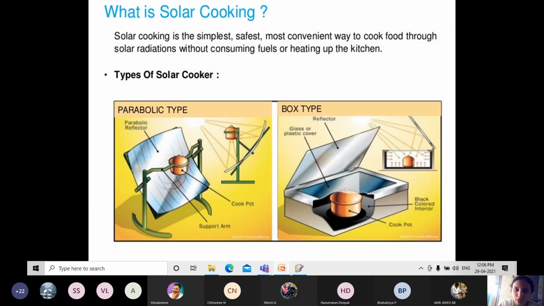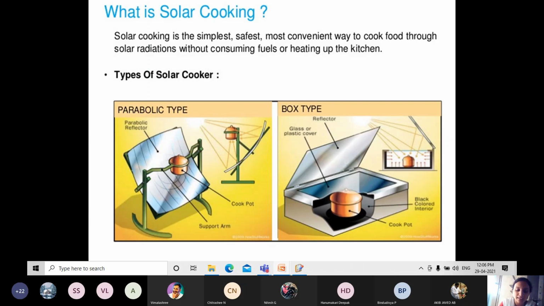The reflector will absorb the sunlight. Solar cooking boxes will keep the food warm in the afternoon and in the evening, and this is the most successful type of solar cooker in the world, the box type.